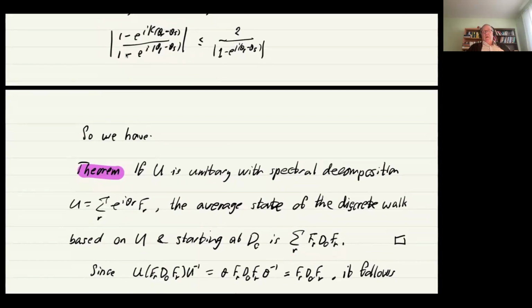Now that's the same formula as we got for the average state for the continuous walk, except I was using E sub r there for the idempotents. And so that underlies my claim that when you're working out averages, if you have a discrete walk embedded in a continuous walk, then the averages agree.